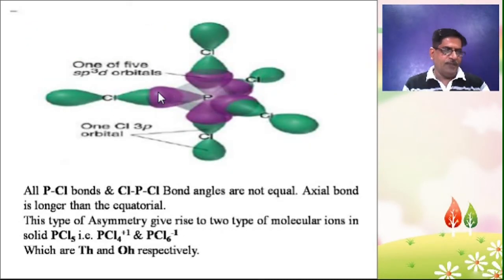So in the PCl5 molecule, the shape is trigonal bipyramidal (TBP), with bond angles of 90 degrees and 120 degrees.